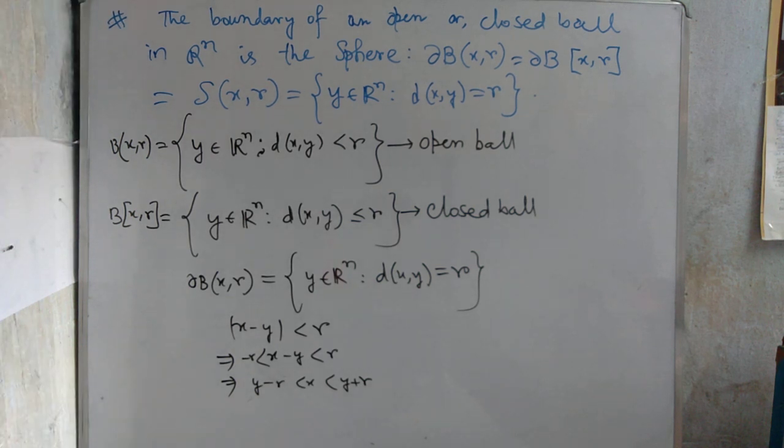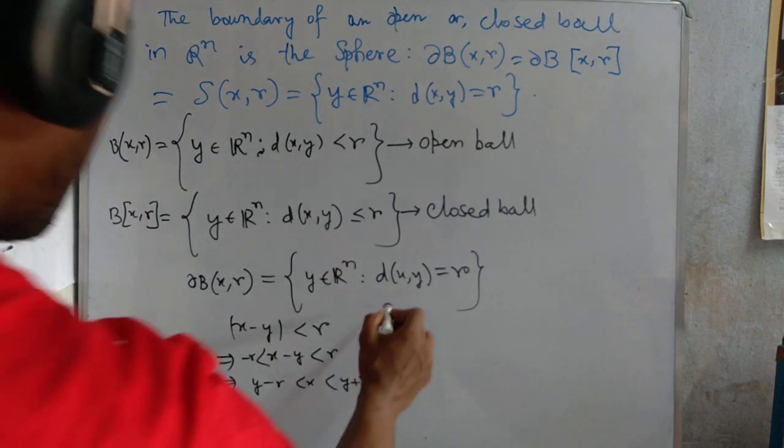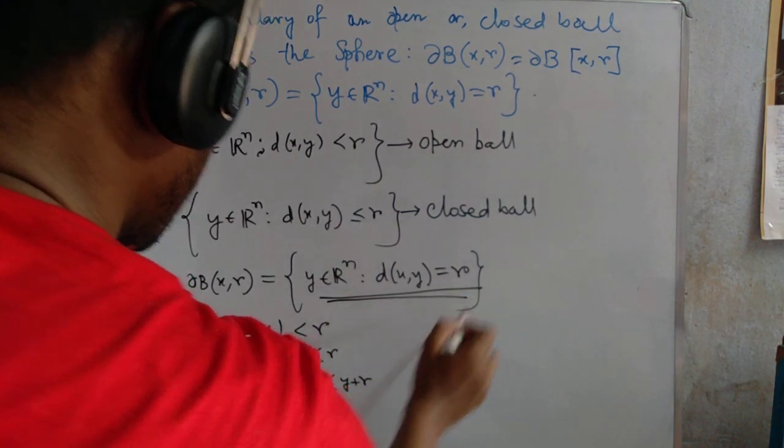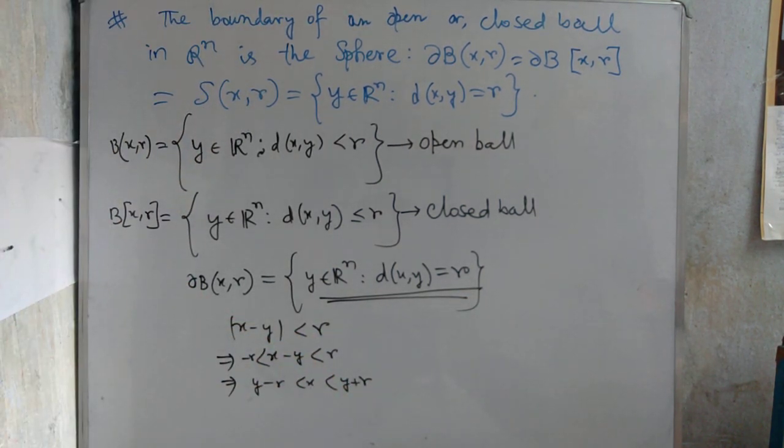Which points y satisfy this are the boundary points, those at distance exactly r.